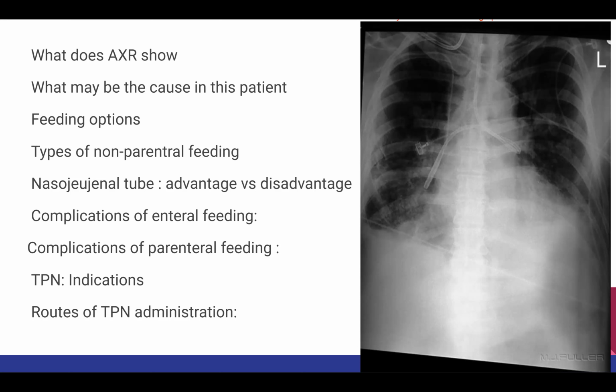For parenteral, we are putting in a CVP line, so remember that it will be either CVP line associated or feed associated. In enteral feeding, the tube can get kinked, misplaced, dislodged, or blocked. Feed related could be nausea, vomiting, diarrhea, fluid electrolyte imbalance, liver dysfunction, and refeeding syndrome.